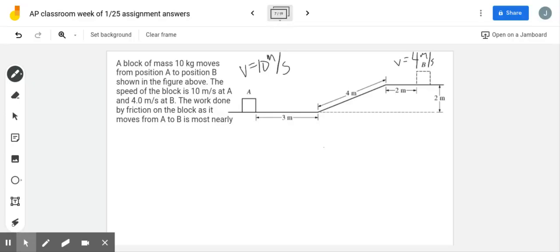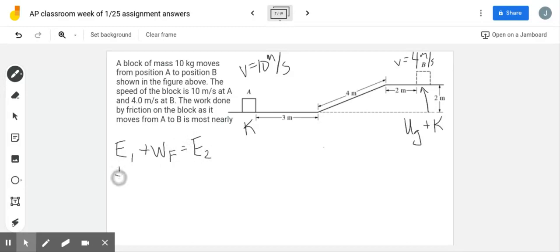So let's analyze what kind of energy this has. We've got kinetic energy at point A, and then at point B, we've got gravitational potential energy and kinetic. So I'm going to say that the energy at point 1 plus the work done by friction is going to be equal to the energy at point 2.